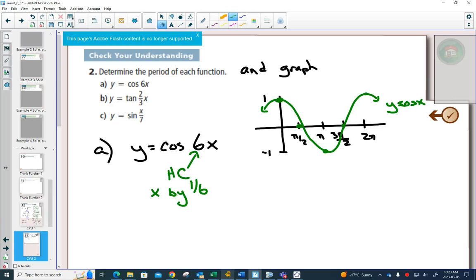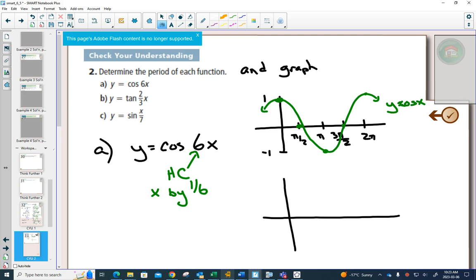The strategy that we are going to use to do this quickly is to take the normal period. The normal period of a cos graph is 2 pi.